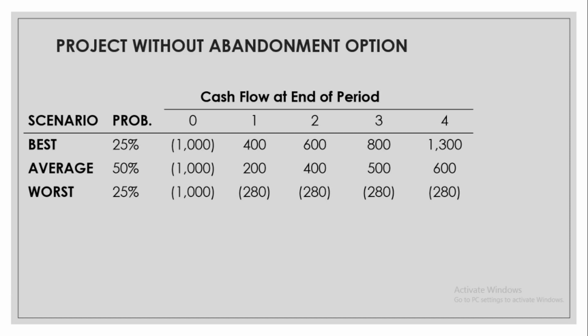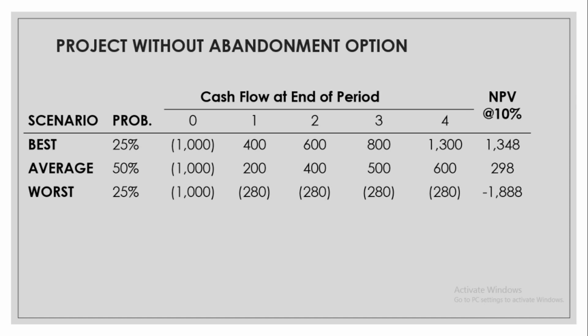Let's compute for the NPV using the WACC of 10%. And so we have 1,348 for the NPV of the best case scenario, 298 for the NPV of the average scenario, and the worst case scenario has an NPV of negative 1,888.